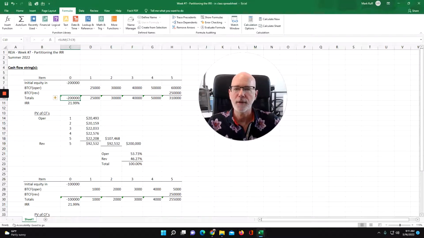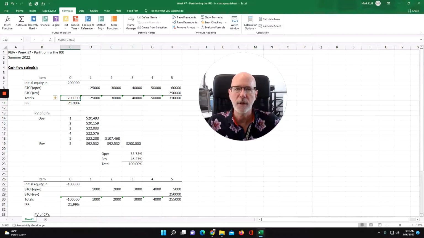Why? Because we've discounted these future values back by the internal rate of return. And we said a week or two ago that the internal rate of return is in fact the discount rate which causes the net present value to equal 0.